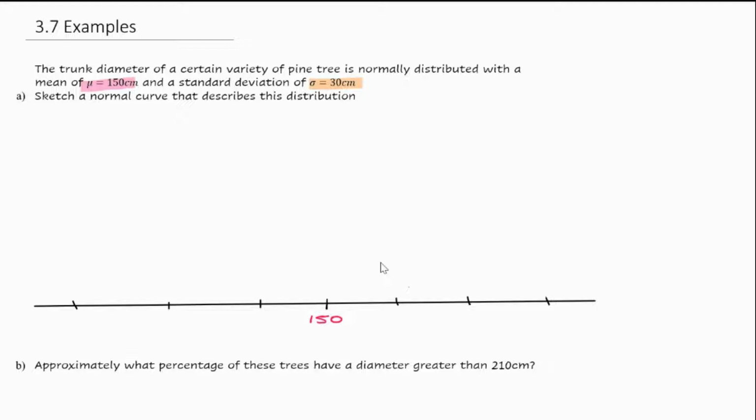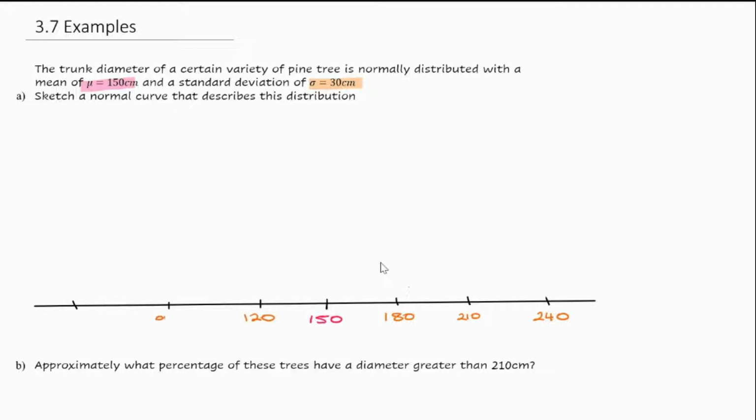So this should be 150 plus 30, which is 180, plus a further 30, which gives me 210, plus a final 30 that should give me 240.